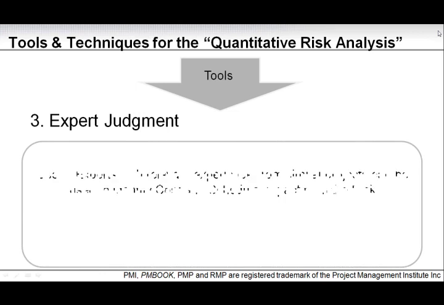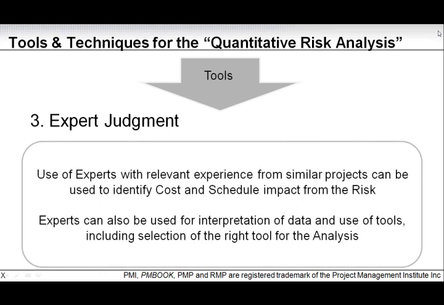And finally, expert judgment. So again, use of experts with relevant experience from similar projects can be used to identify cost and schedule impact from risks. And as we used them before to identify risk and prioritize risk, we can also use them here for the impact assessment.